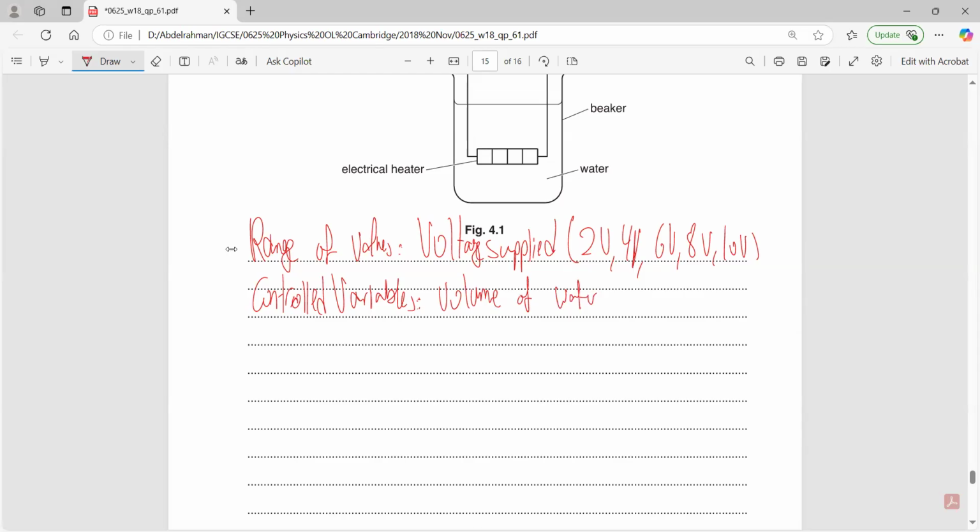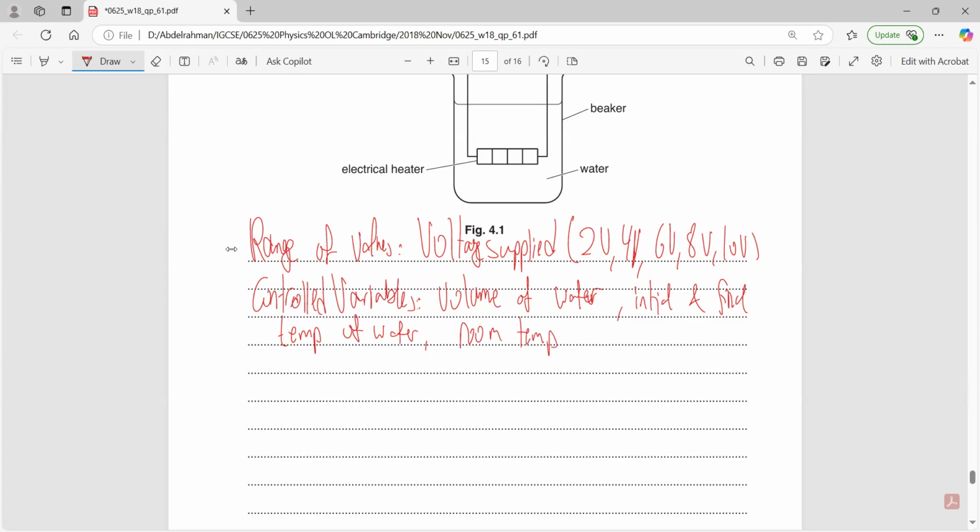Yeah, you could say so, but these are more important actually: volume of the water, initial and final temperature. And I will tell you how the final temperature is constant. Initial and final temperature of water, room temperature.